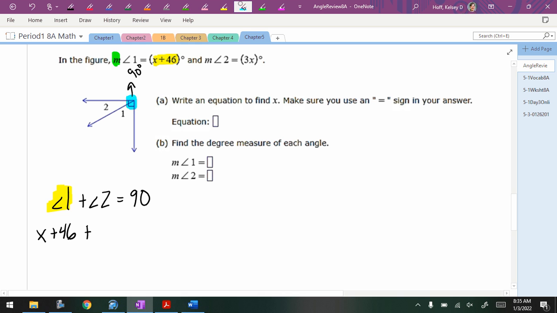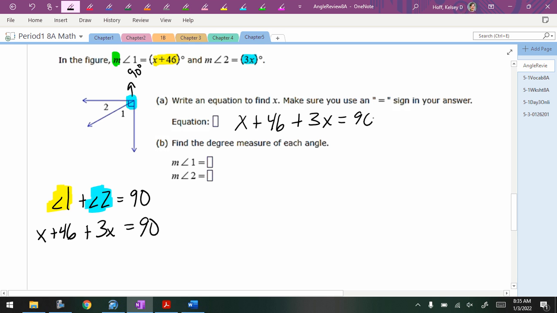Plus, what did they tell us angle 2 was? 3x. So we need to replace angle 2 with 3x. So we put in a 3x, and it equals 90. You just wrote the equation for part A. X plus 46 plus 3x equals 90.